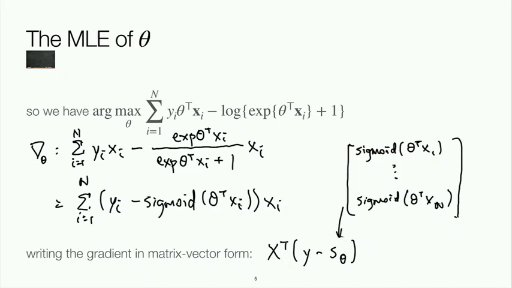So when I'm looking at a summation, and I think I could probably write this in matrix vector form, I try something, and then I see whether or not that corresponds to the right thing. I also do this dimension matching, to make sure that things actually check out in the way that I want my dimensions to be. For example, grad theta. I know grad theta is a d-dimensional vector, where d is the dimension of x, because theta has the same dimension when we're doing these linear things.